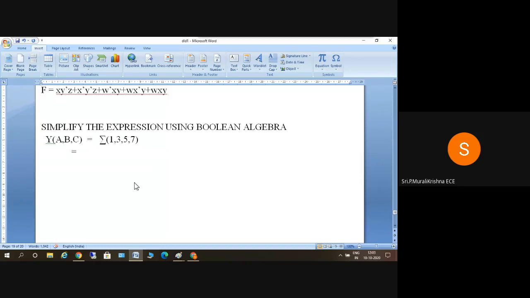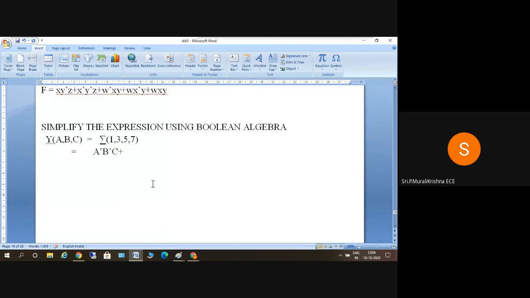Min term 1: what should we do in ABC? It is equal to A bar B bar C, because you can check here. For 1, this should be 0, this should be 0, and this is 1. So 3 is 0 1 1. 5 is nothing but 1 0 1. 7 is, this is 1, this is 1, and this is 1. Okay, so I have to expand this.